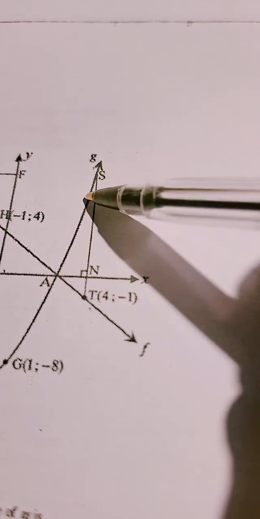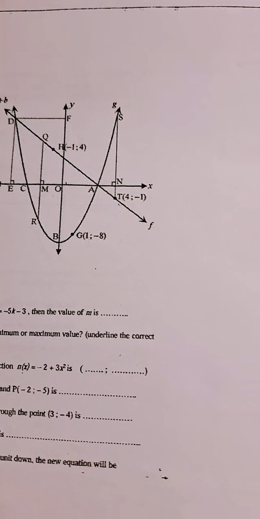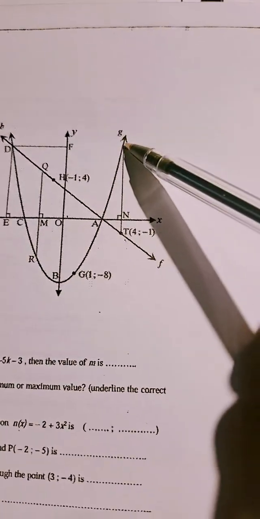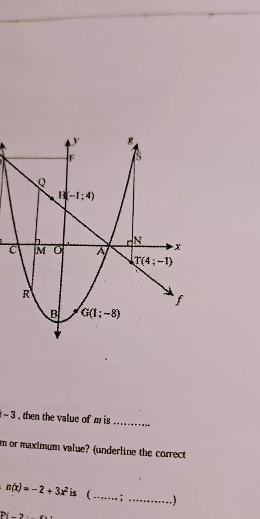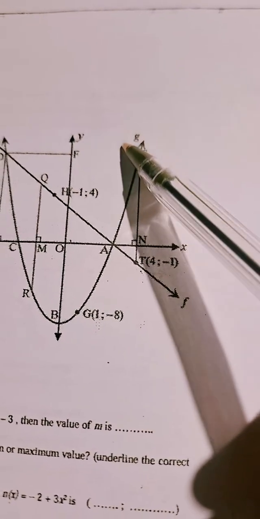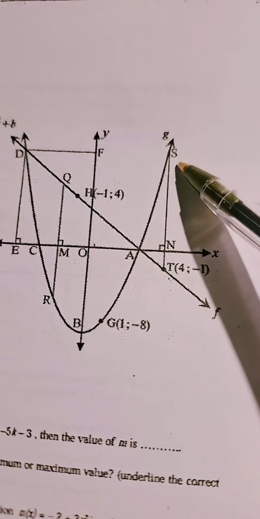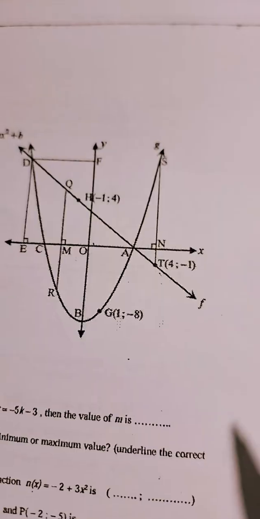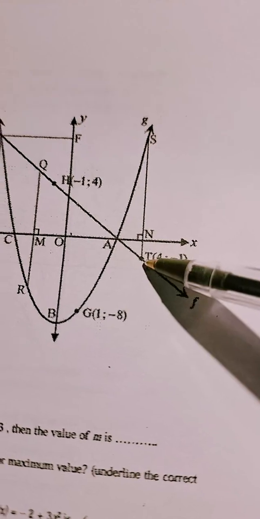So if S lies on G and I know the X coordinate of S, then I'm going to take that X coordinate of S and substitute it into the function of G. Then I'm going to get my Y value of S. Let me repeat that again. T and S are on the same vertical line.